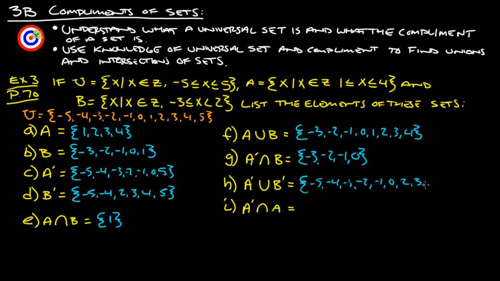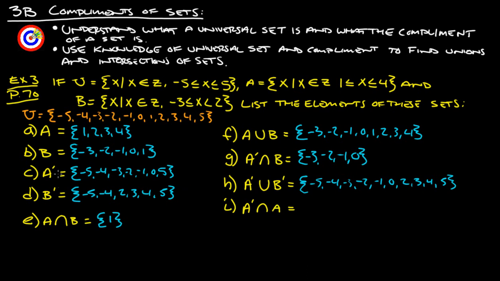And then we also have 2, 3, 4, and 5. Right? So it's basically everything except for 1. 1 is the only number that's missing in there.